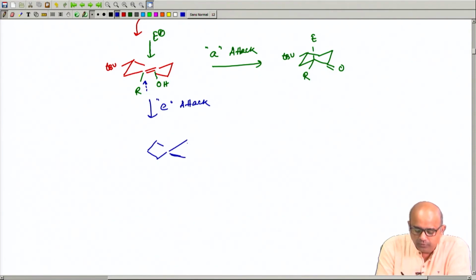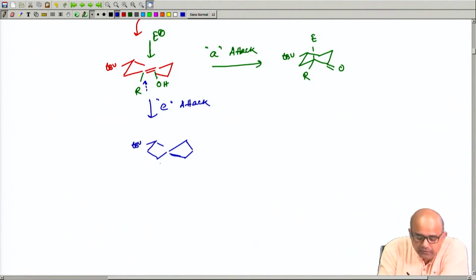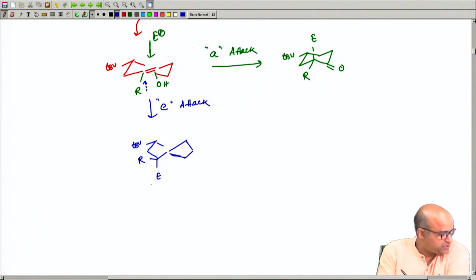In this twist boat, the tert-butyl is pseudo equatorial, and you see the electrophile is here and your R is here. So, tert-butyl and electrophile are cis in nature, okay, and your ketone is here.